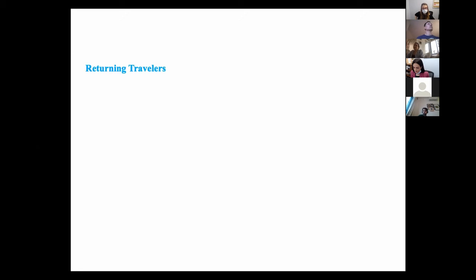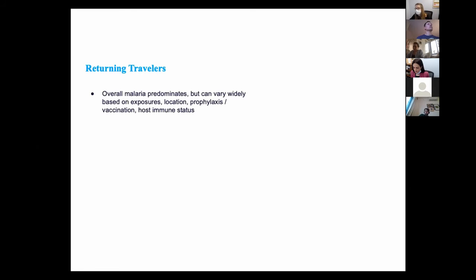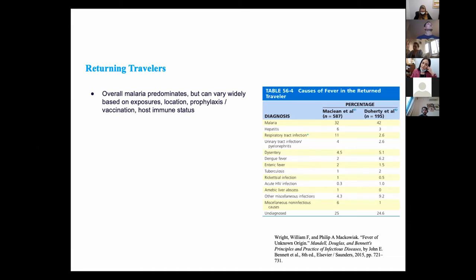Fever in returning travelers, really worldwide it's malaria, but it can vary widely based on specific exposures, where you are, what type of prophylaxis or vaccines you had, and then the host's immune status.